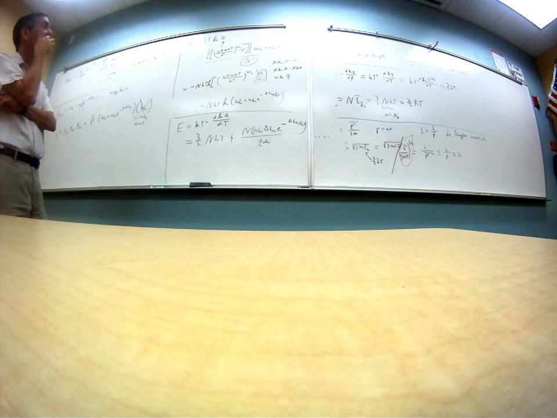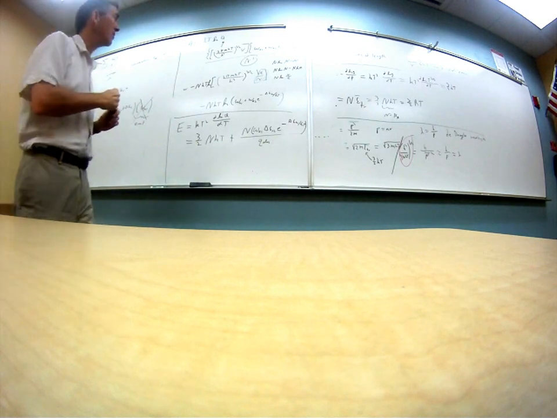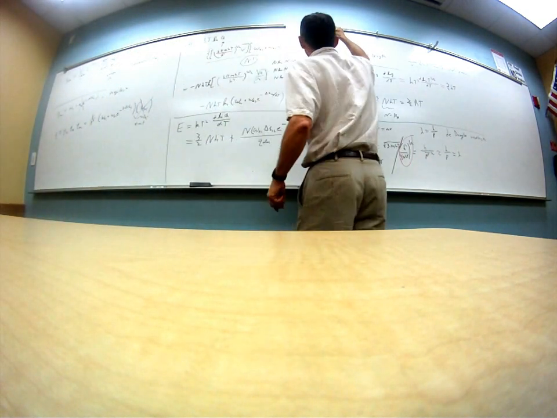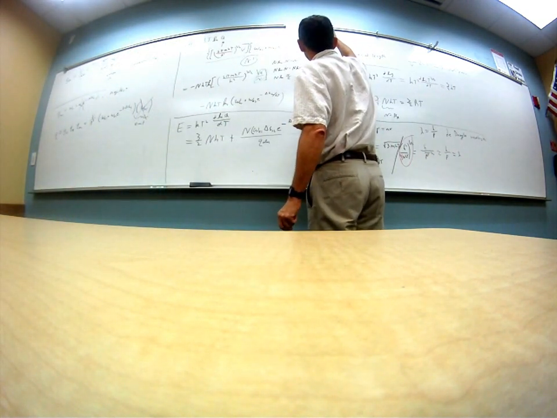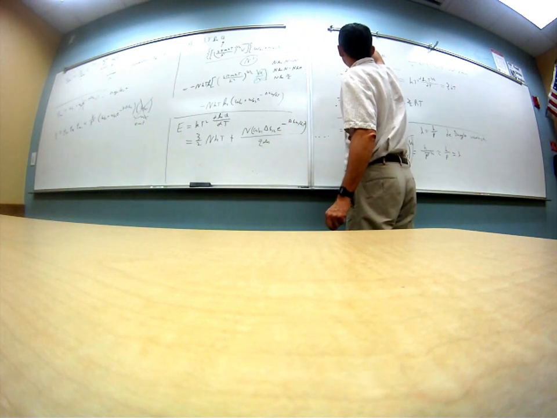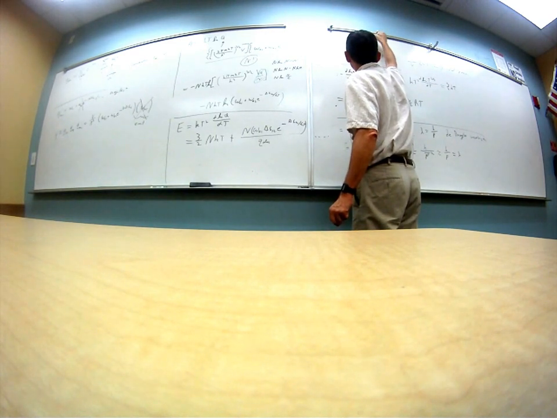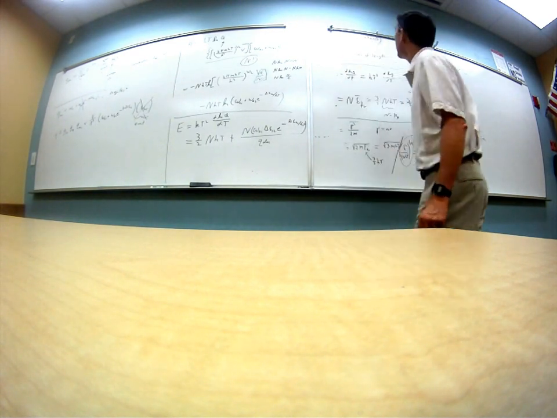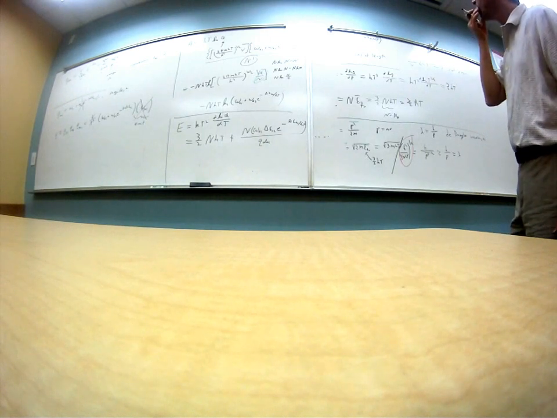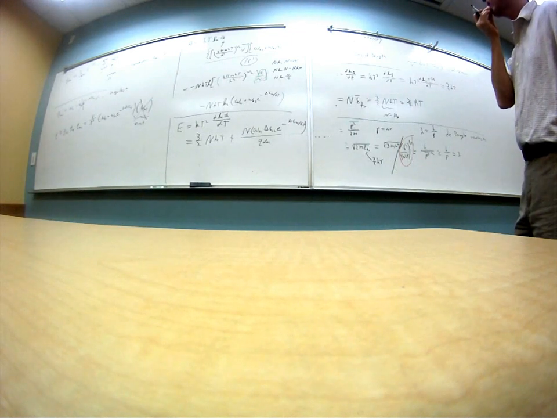Let's see, how would they have gotten there? I'm thinking about how they got here because I haven't done the math. But what you need is it's minus KT times the logarithm of, and then they simplified that in some way.